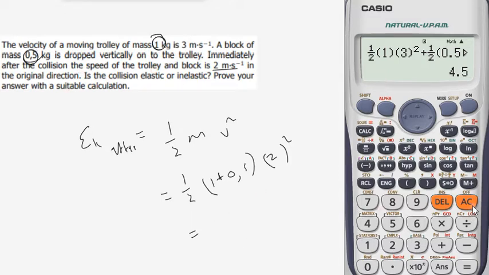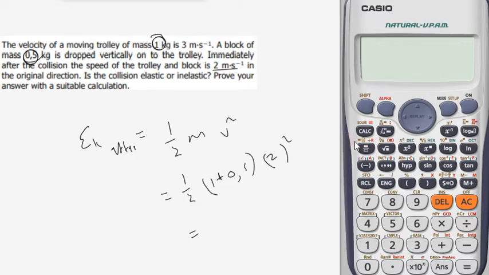If you do your maths there, it's going to be half, open brackets 1 plus 0.5, close, then you put your velocity, which is 2, all squared. Then you get an answer of 3 joules.